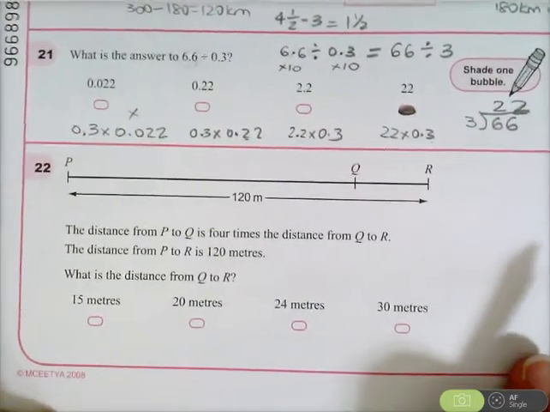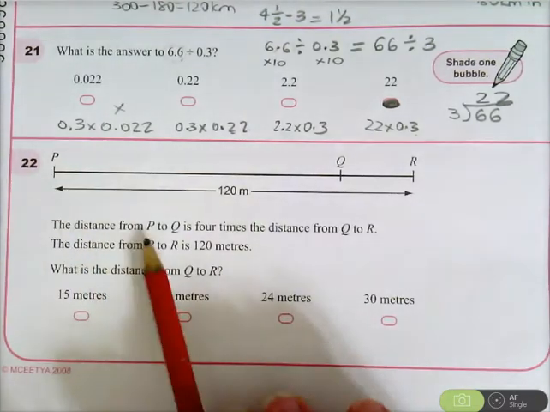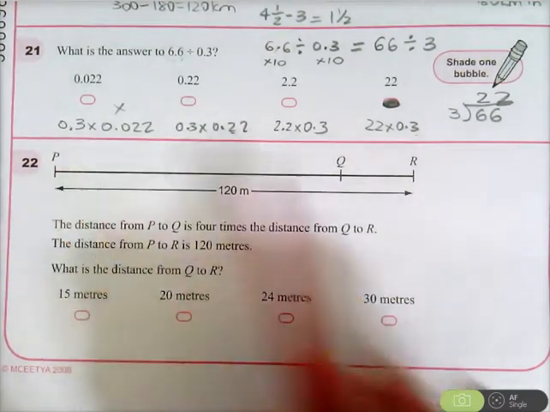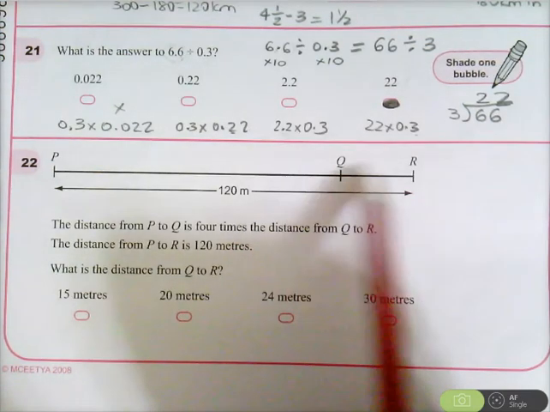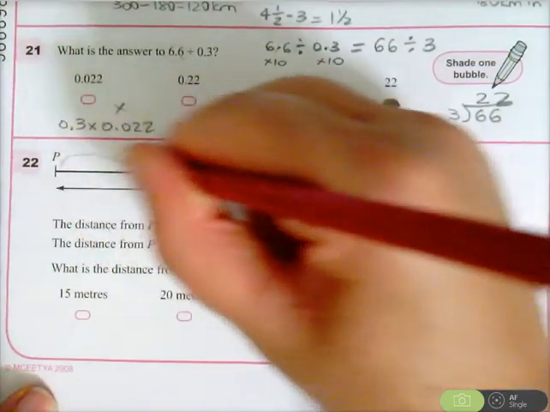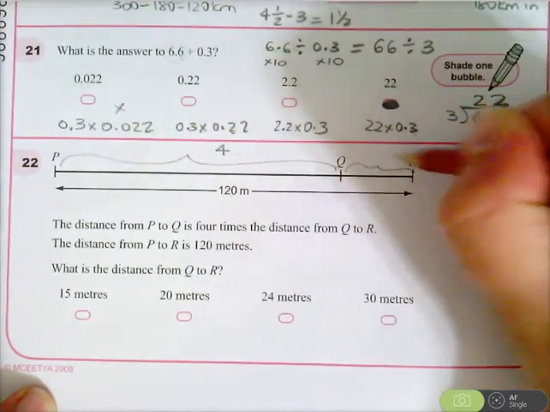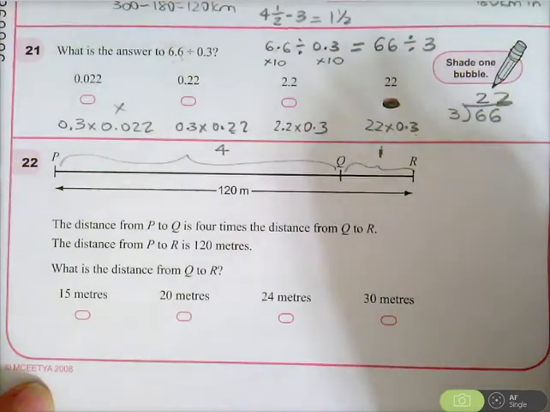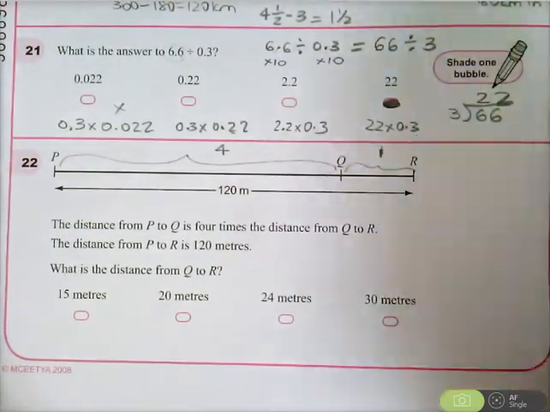Okay, now for question 22. It says the distance from P to Q is 4 times the distance from Q to R. So this is 4 times this one. Okay? So that means I've got 5 parts.